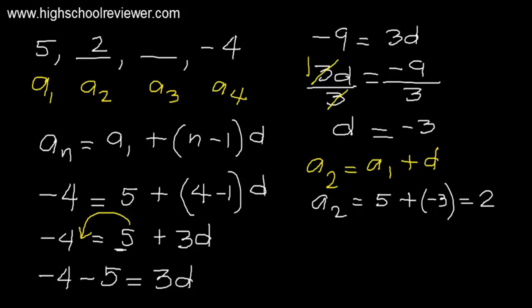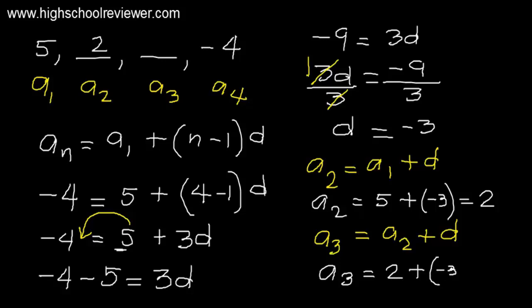And then for a sub 3, we will just add a sub 2 and d. So a sub 3 will just be a sub 2 plus d. Our value for a sub 3 will be equal to positive 2, which is the value of a sub 2, plus our d, which is negative 3.